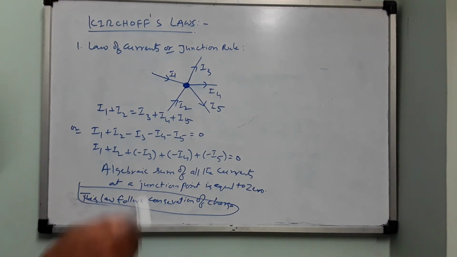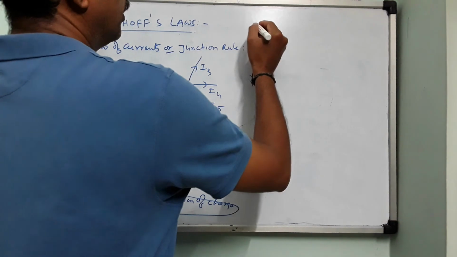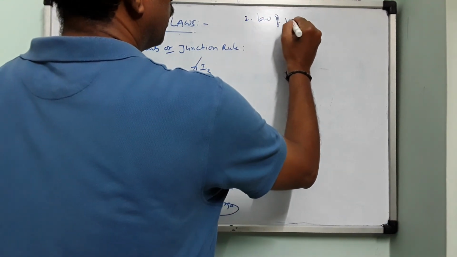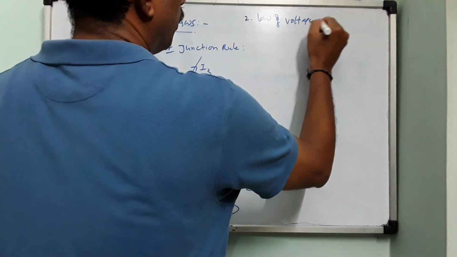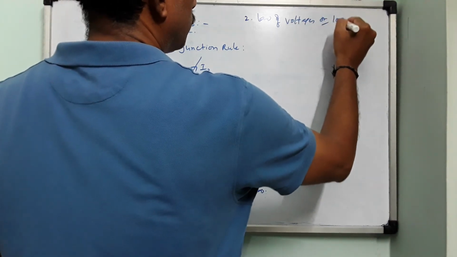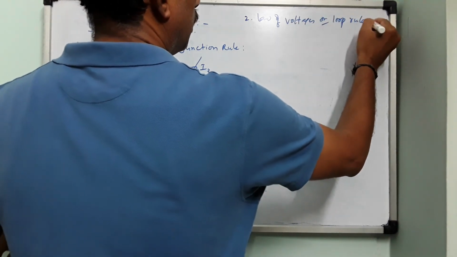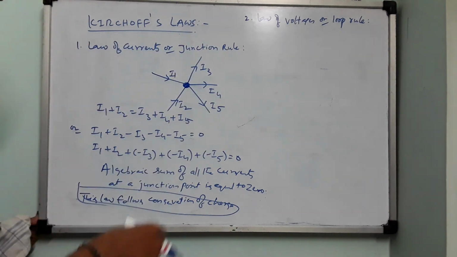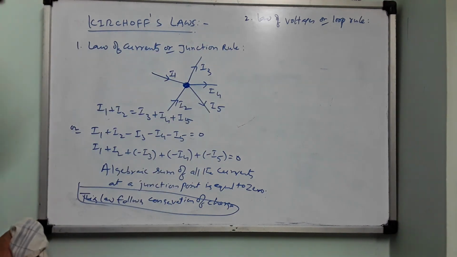Okay, right. Now we have the second law, that is law of voltages, or this is also known as loop rule. So we will consider a closed loop, right? And in that closed loop, we apply this one. What does it state?